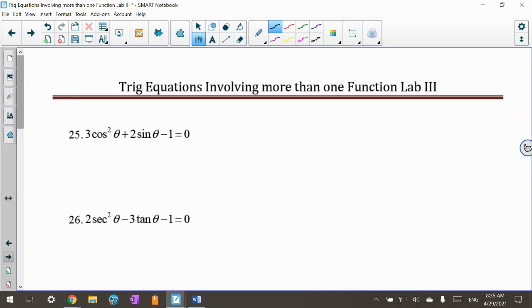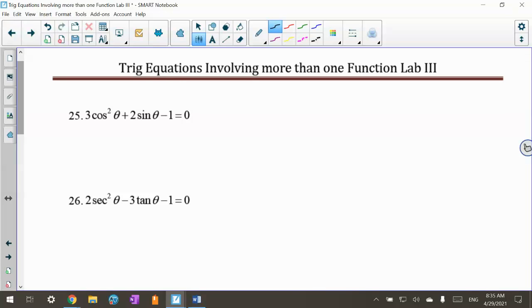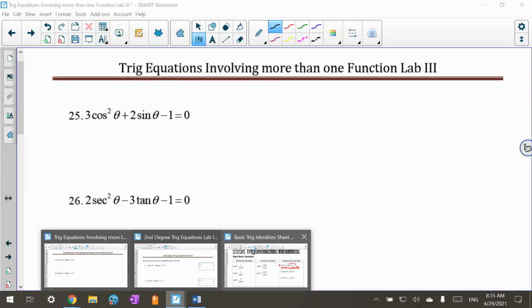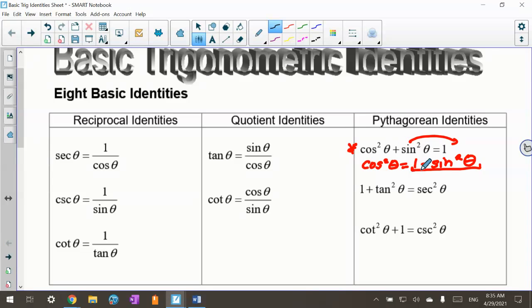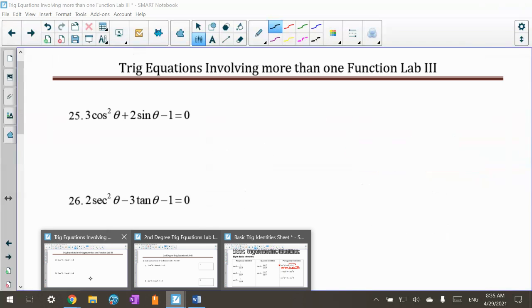And 25, I have the same thing going on. I have cosine squared, and we just looked up what cosine squared is because I have a sine here. If I solve for cosine squared, I can move the sine squared over there. So in the cosine squared, I can put 1 minus sine squared. So it's, again, practicing the same skill.